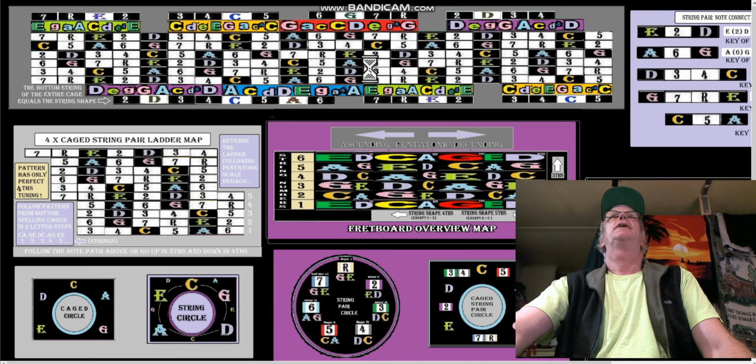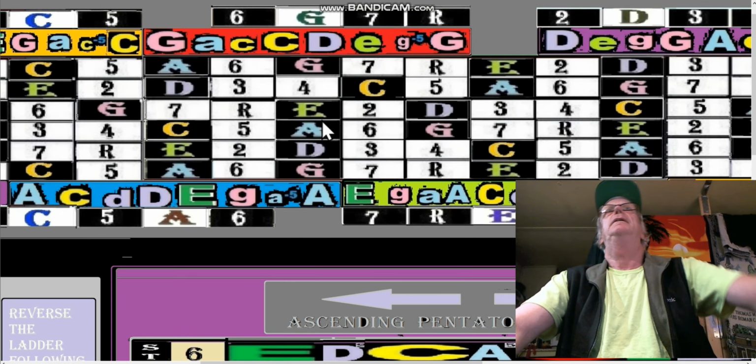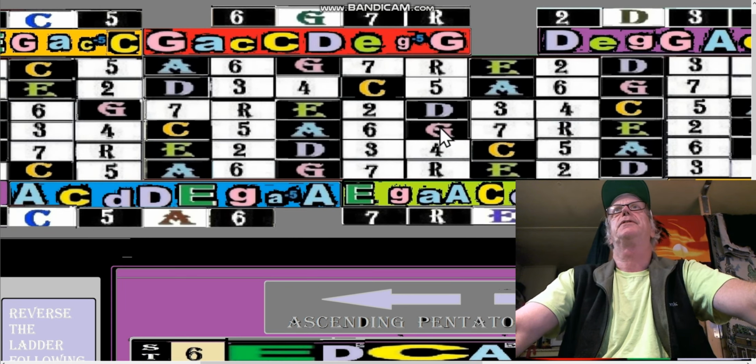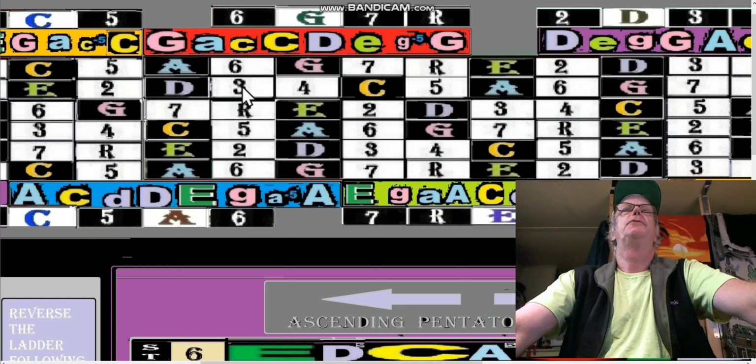I can just look at it from the magic fret. So the magic fret is the sixth of the root fret. If you go up in fourths, the fourth of the root is a diminished fourth that goes to the third.